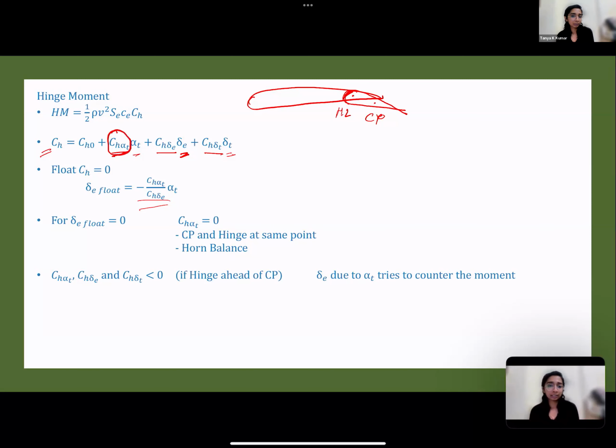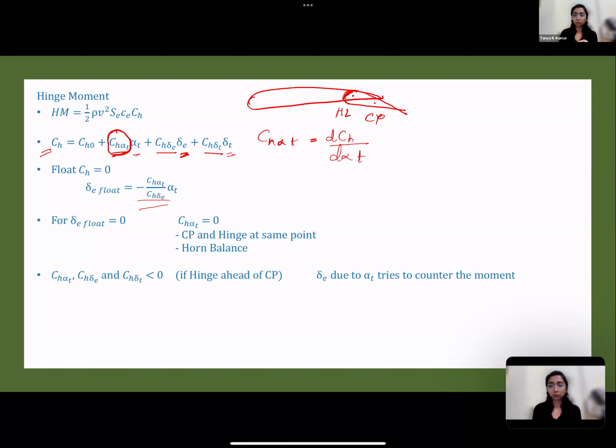So now CH alpha tail. This derivative, is it positive or negative? Negative. Can you try and tell me why? CH alpha tail is dCH by d alpha tail.